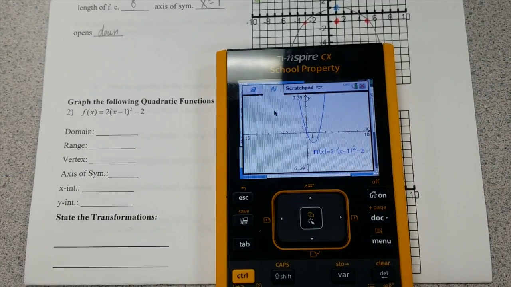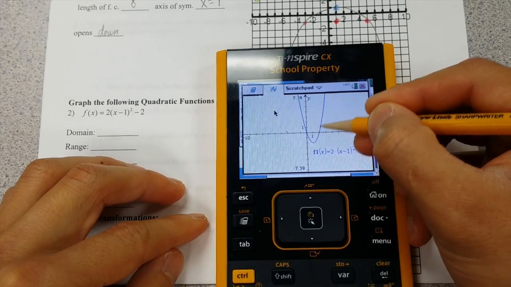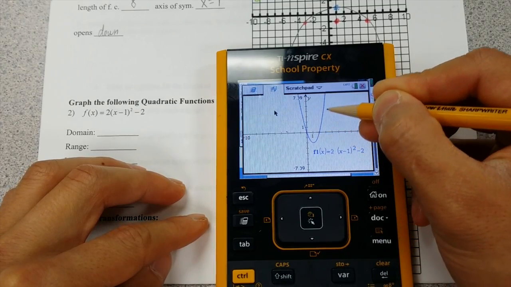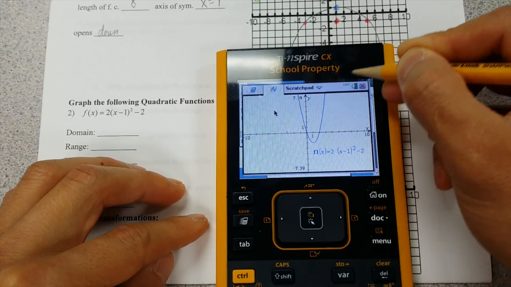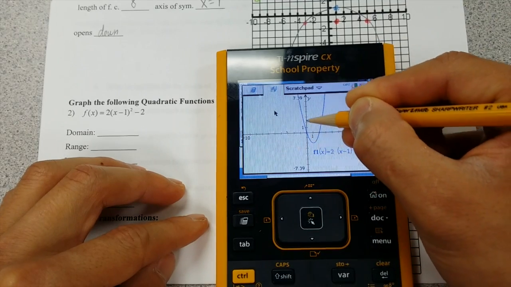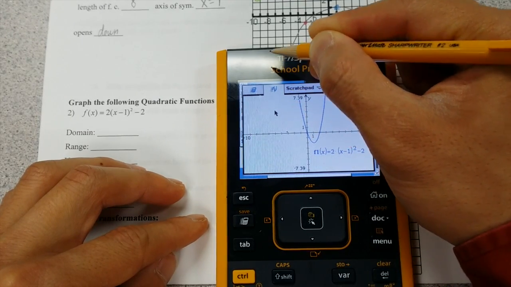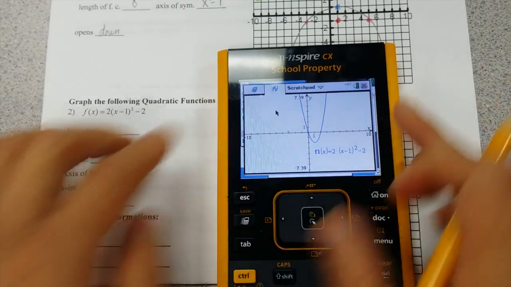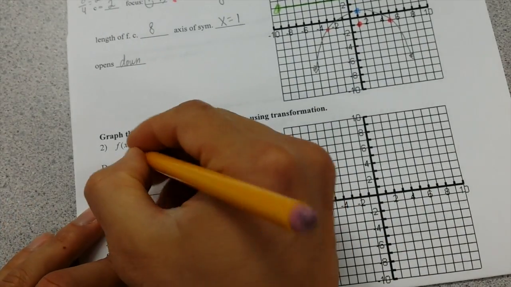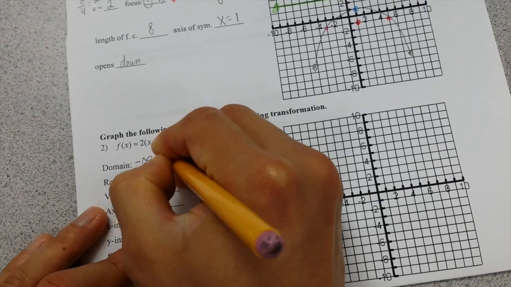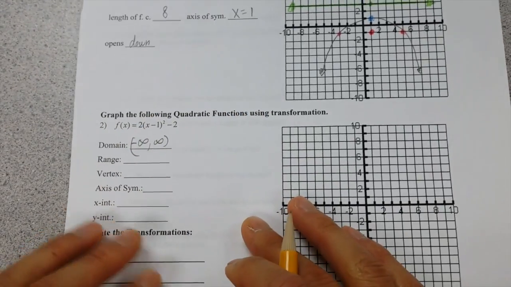As you can see, for the domain, the graph is pointing up, but it's going all the way to the right and all the way to the left. So the domain really is from negative infinity to positive infinity.